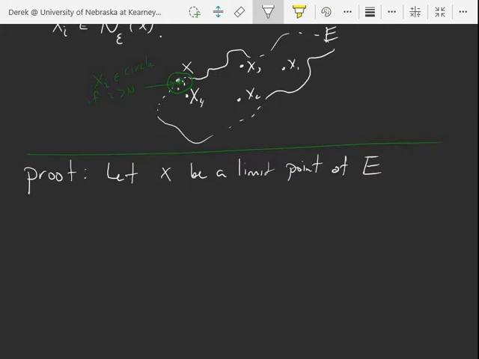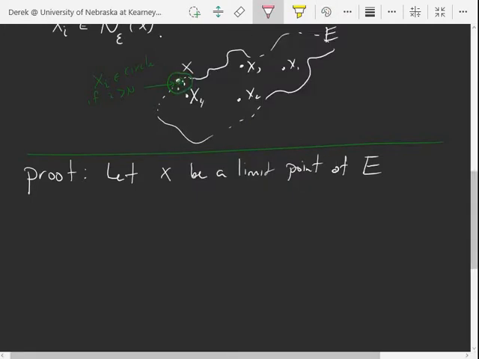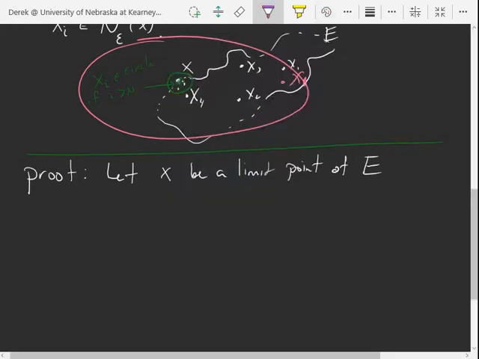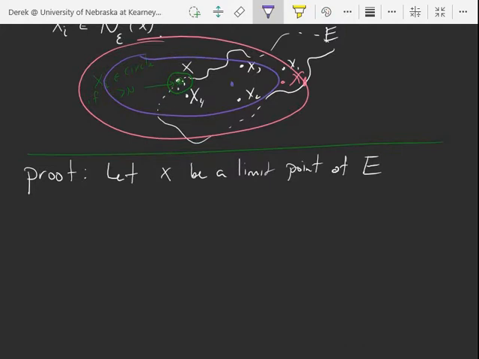So what we're going to do is start out with big circles. I'm going to draw a real big circle around x, and I know that this big circle intersects E, so I'm going to take something inside that big circle and also inside of E, and we'll call that x1. Then we'll take a slightly smaller circle. We'll take something inside of E that's in that slightly smaller circle and call it x2.